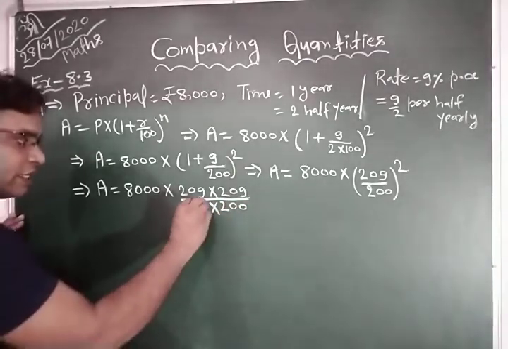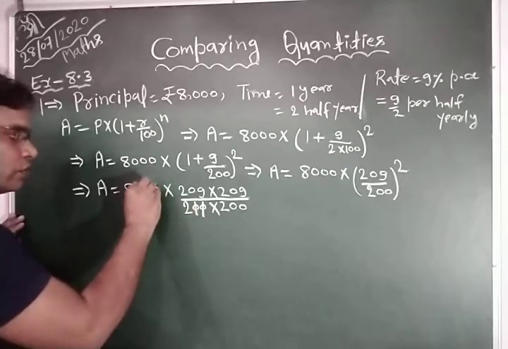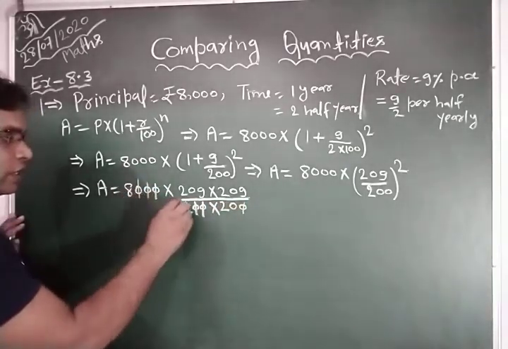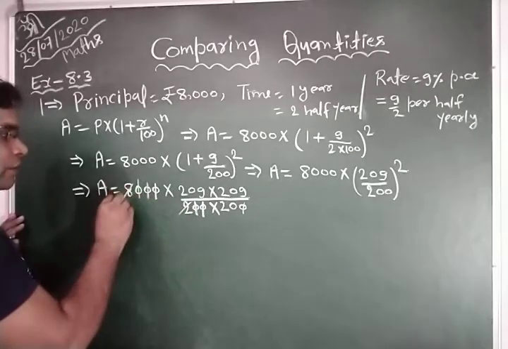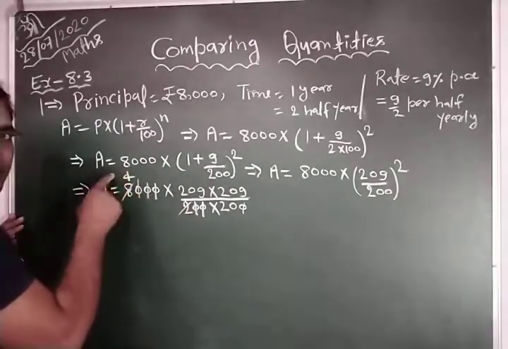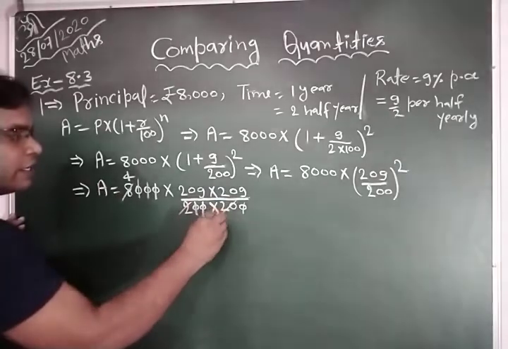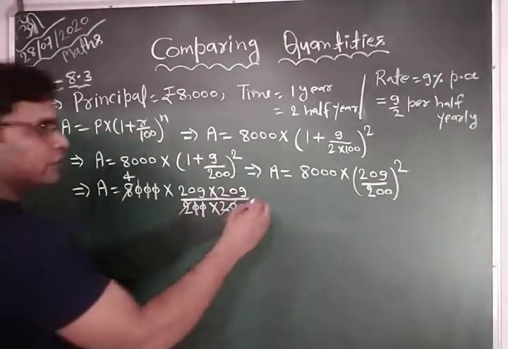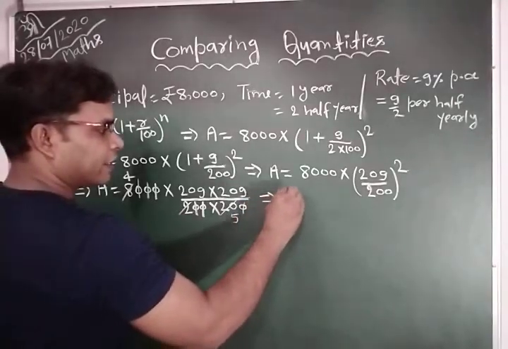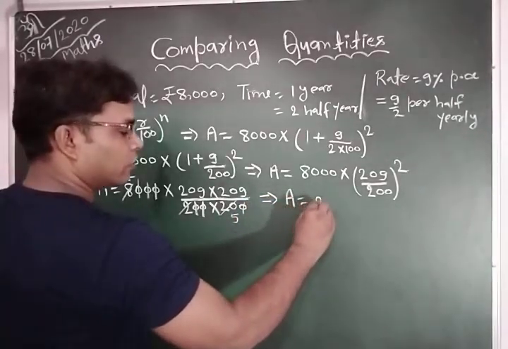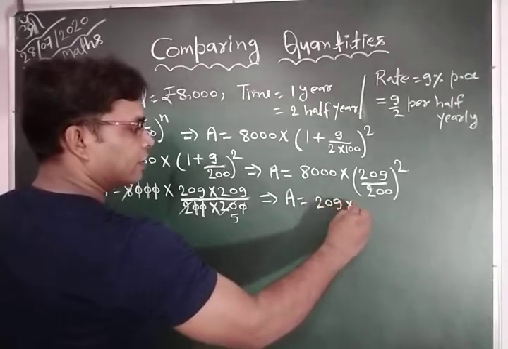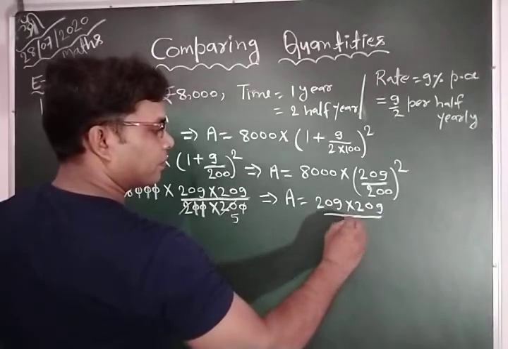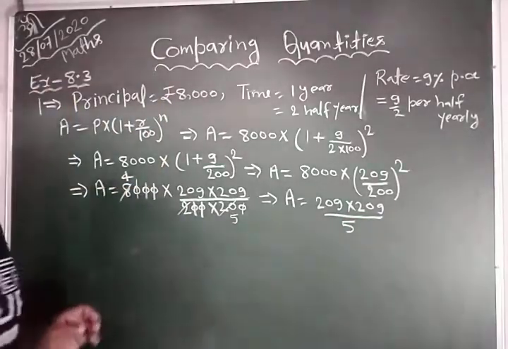So you can cancel the zeros, and 2 fours are 8, and 4 fives are 20. Clear? So in this way we obtain that amount is equal to 209 into 209 by 5. Clear?